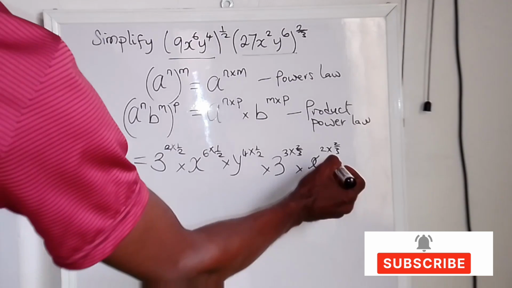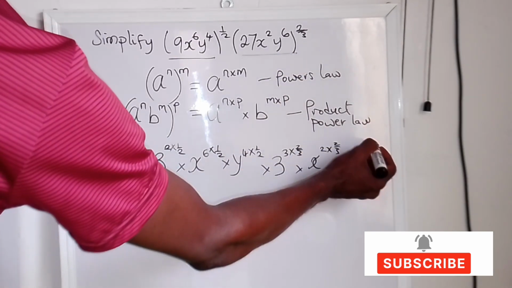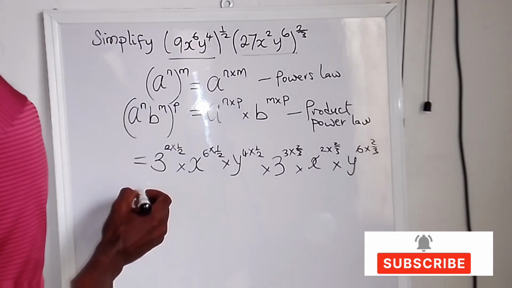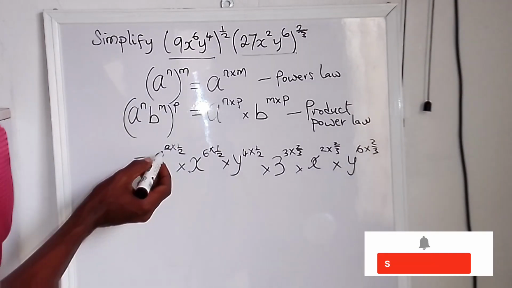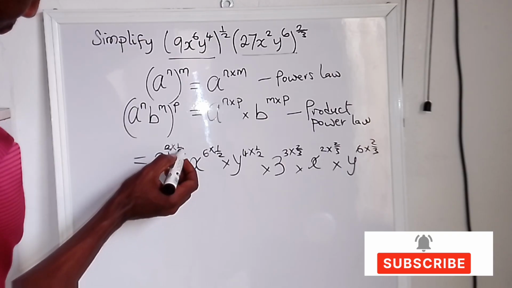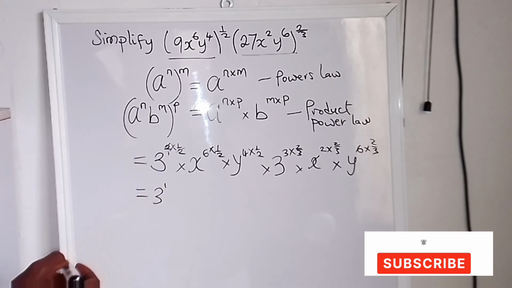Lastly, we have y raised to the power 6 multiplied by the outside. So from here, let's simplify the powers. Here 2 is the same thing as saying 2 over 1. So from here, 2 down cancels 2 up. We now have 3 raised to the power 1 remaining.